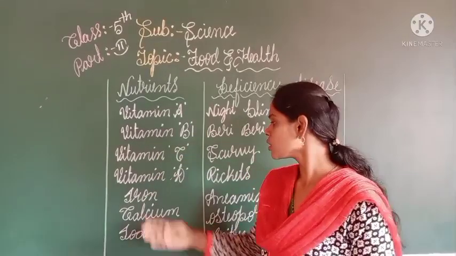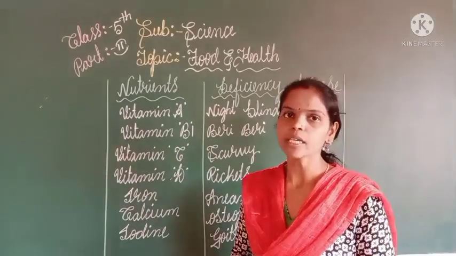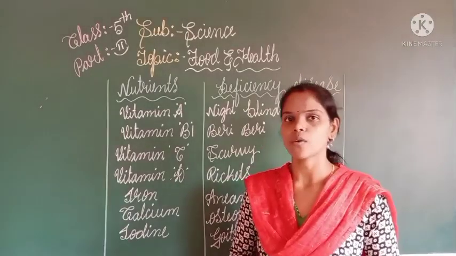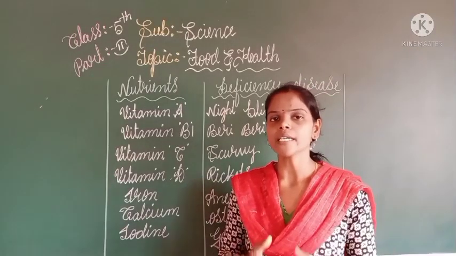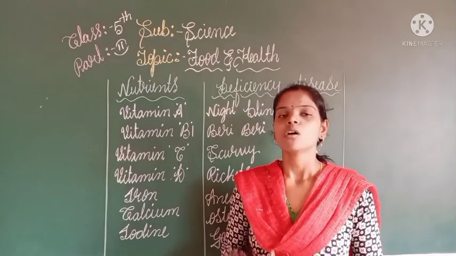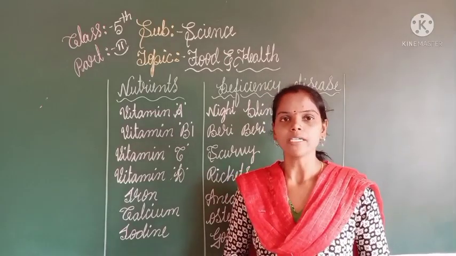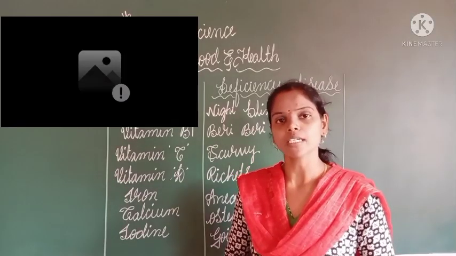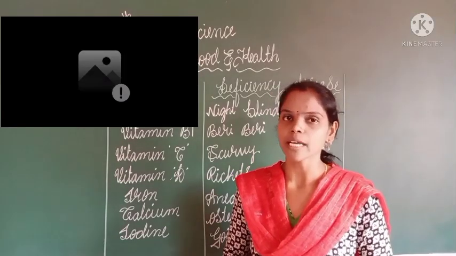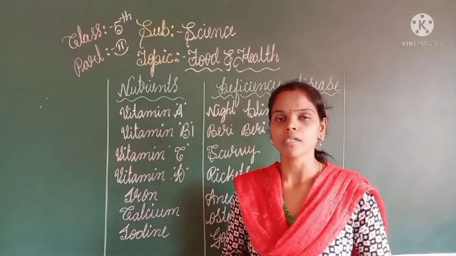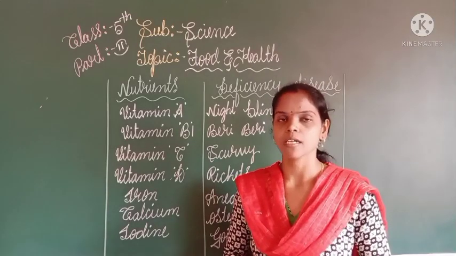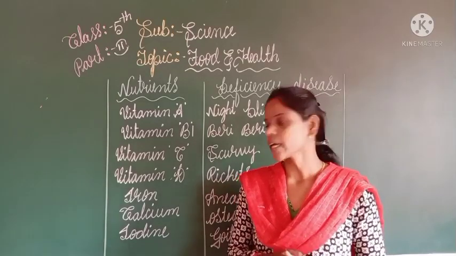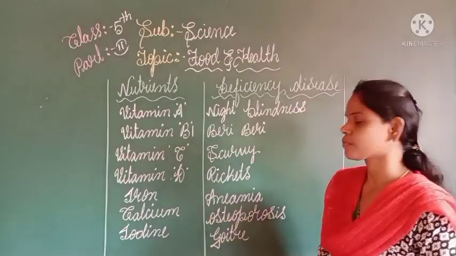Now let us know about minerals. The first one is iron. Dear students, iron helps to increase the red blood cells. Lack of iron content causes anemia. The person feels very weak and may not be able to perform daily activities. Next is calcium.